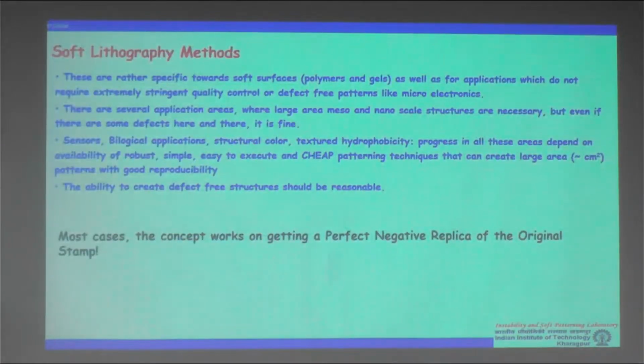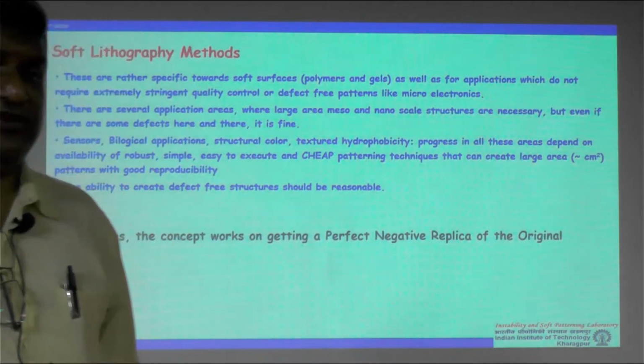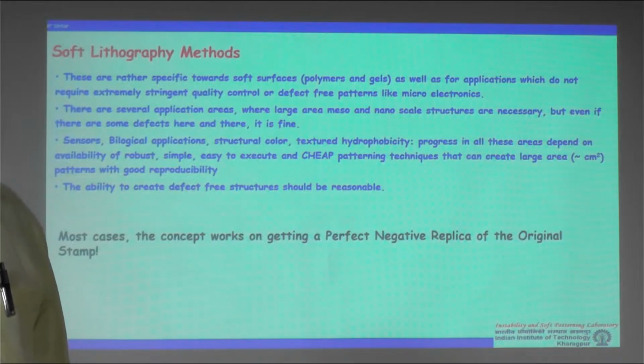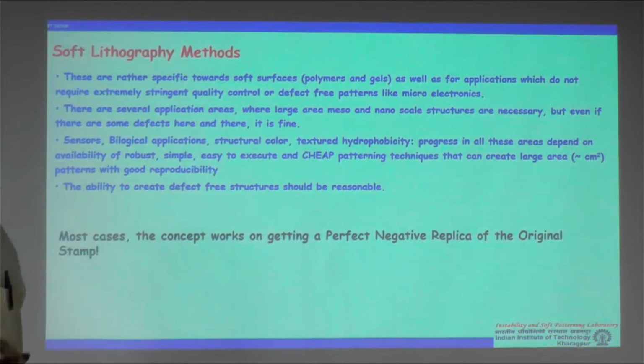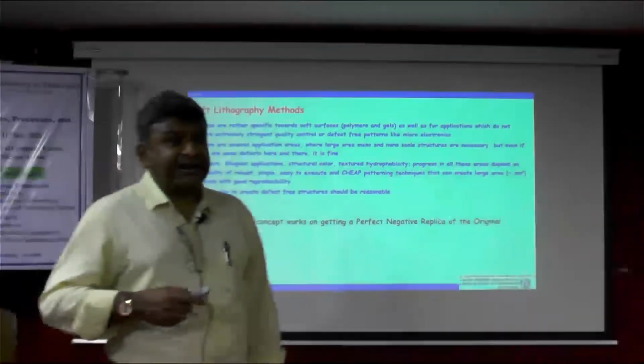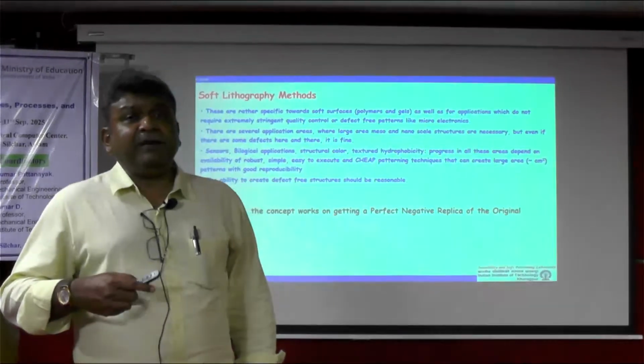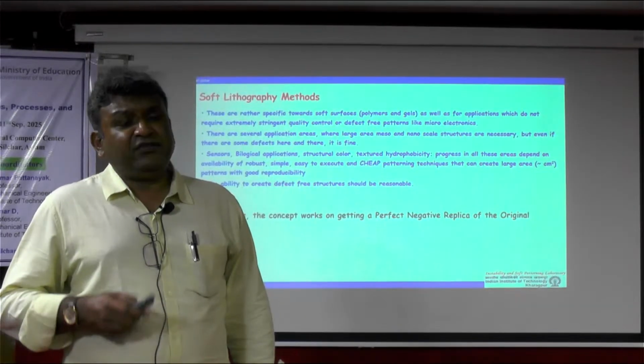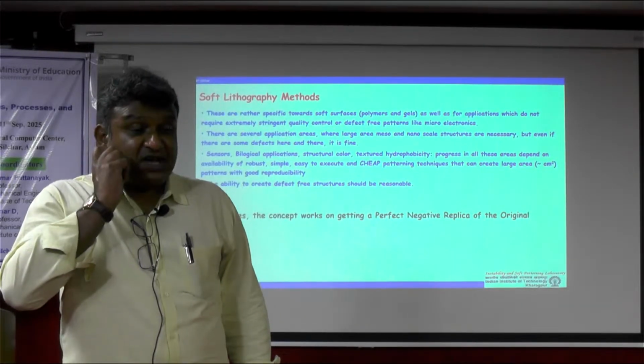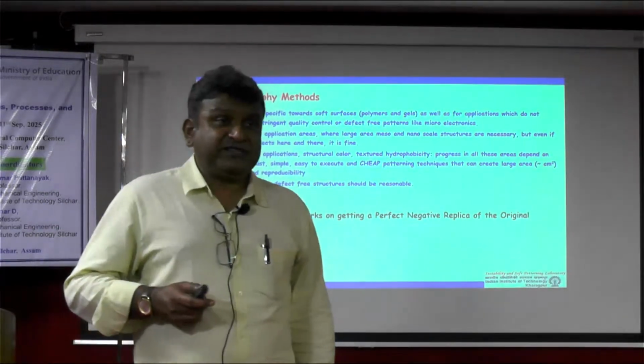So with all these concepts, around the mid-90s, there were two pioneers, I would say, roughly at the same time: George Whitesides from Harvard and Stephen Chow, earlier in Minnesota and now in Princeton, who came up with a series of techniques capable of creating meso, nano, and micro patterns on different types of polymeric surfaces.